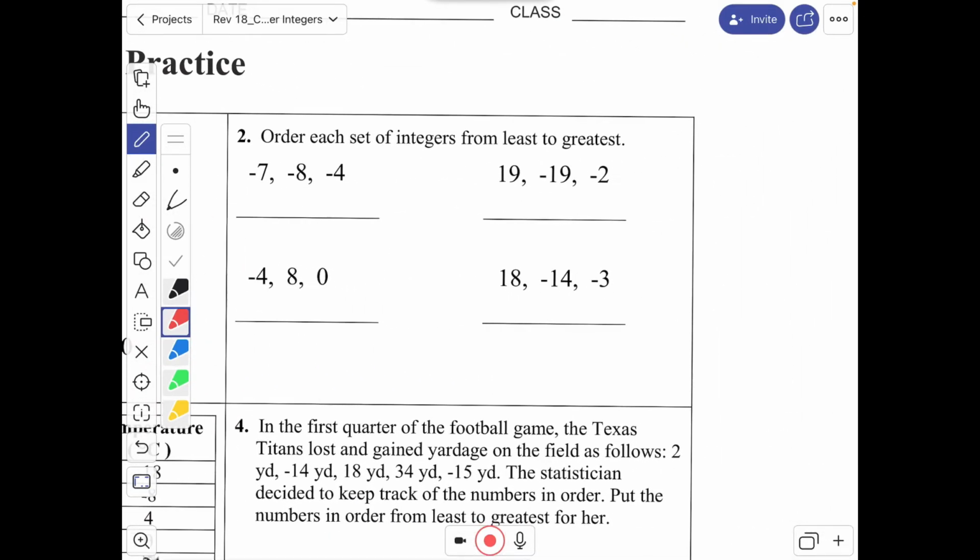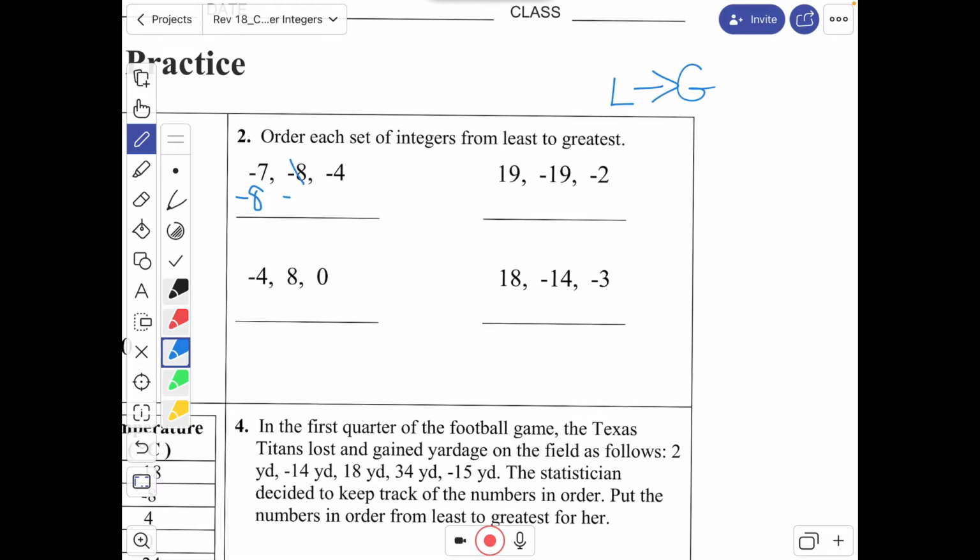Number 2, order each set of integers from least to greatest. Least to greatest. So in the first set, which number would be the farthest to the left on the number line? -8.